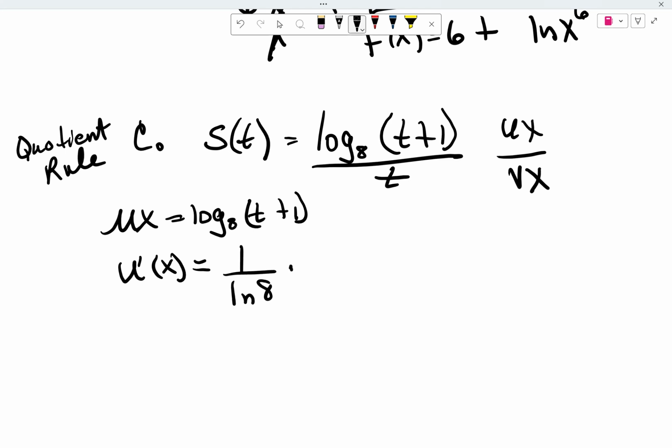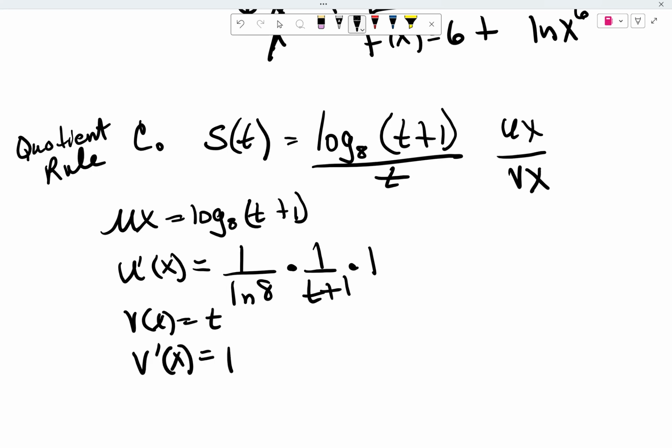And again, that goes back to what I showed you earlier. Times 1 over t plus 1, and then times 1. All right. So v of x is simple, because v of x is simply t. And we know that the first derivative of v is simply 1.